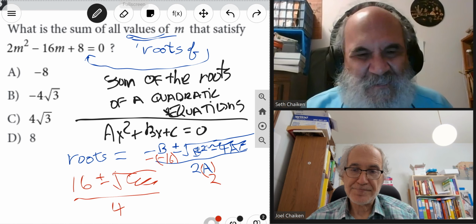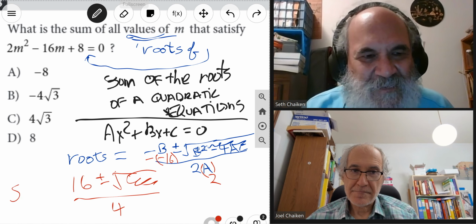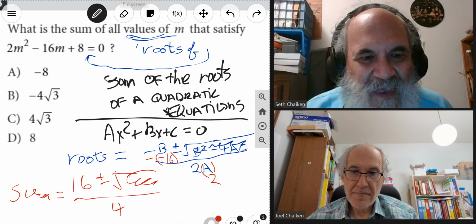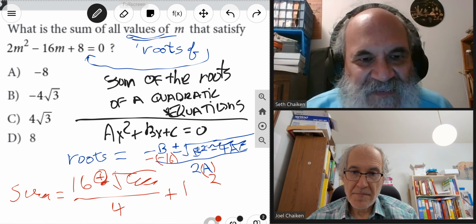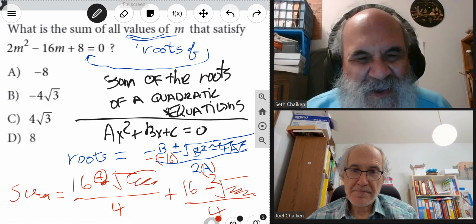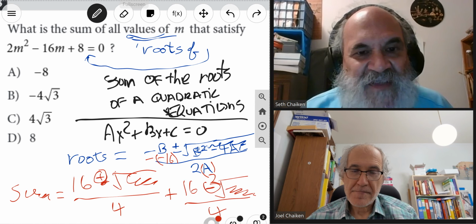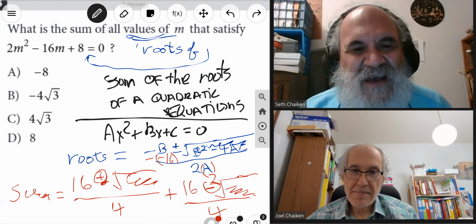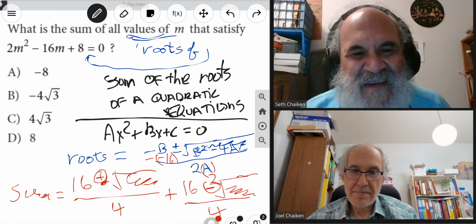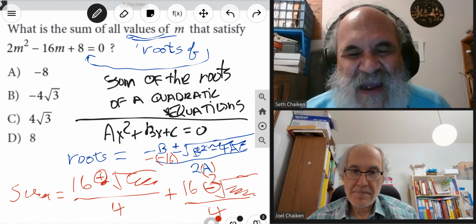Now, the sum of the roots equals this thing with a plus choice, plus this thing with a minus choice. Same mess. We have this ugly numerical expression in the square root, and here it appears added, here it appears subtracted.